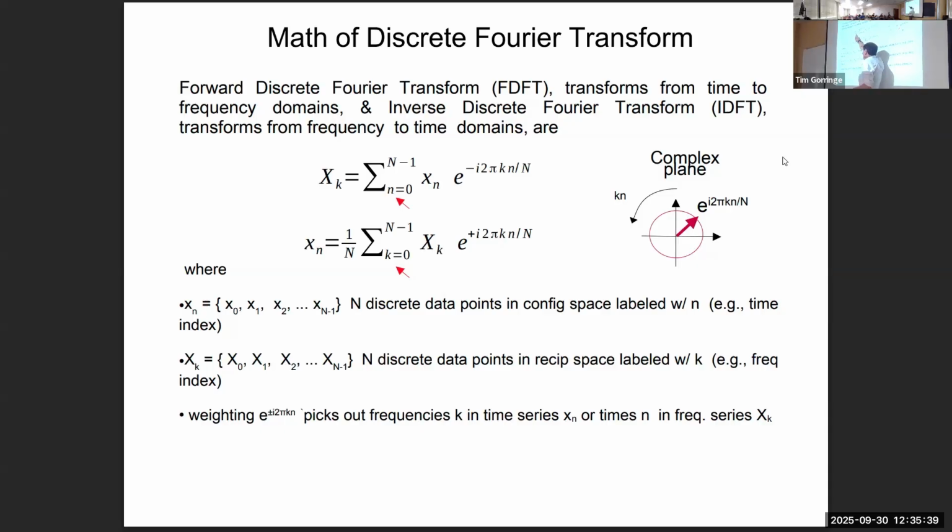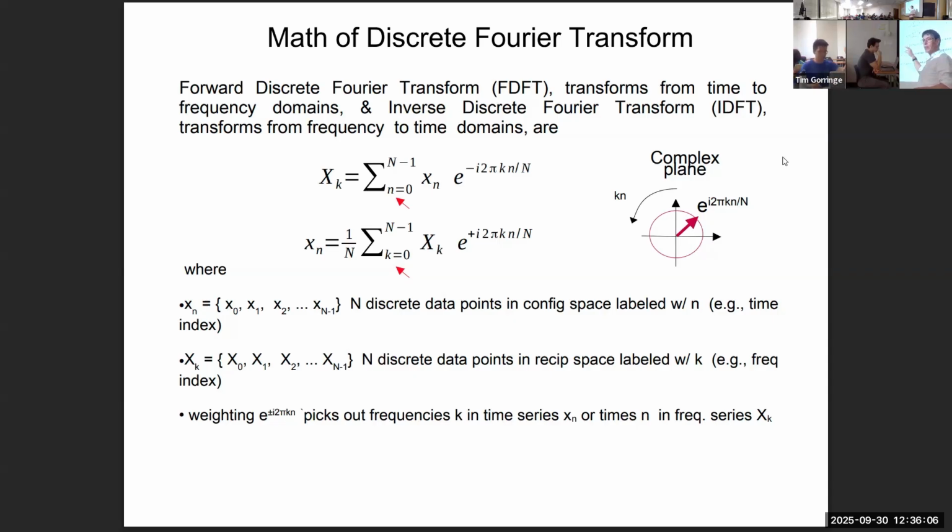The frequency domain distribution is calculated from the time domain distribution by multiplying by a weighting factor and summing over the bins in the time domain. And it's really the weighting factor that picks out the contributions of the different frequencies. Think of that weighting factor, it looks obscure.